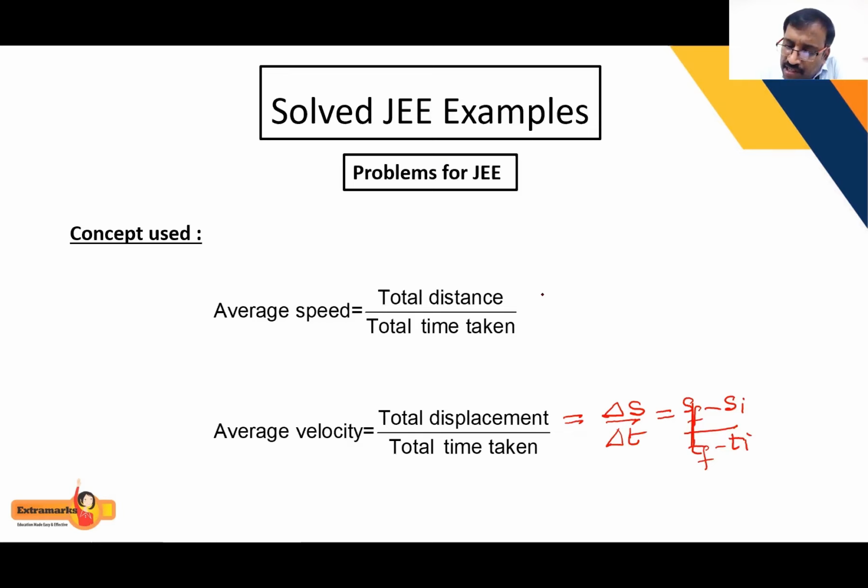But one more case may be there. Maybe the journey may be with breakups, like suppose from Bangalore to Delhi, if I am going via Hyderabad, that means there is a breakup journey. So in a question paper, when they mention the final point and initial point and ask for average, then straightforward you go for this formula.